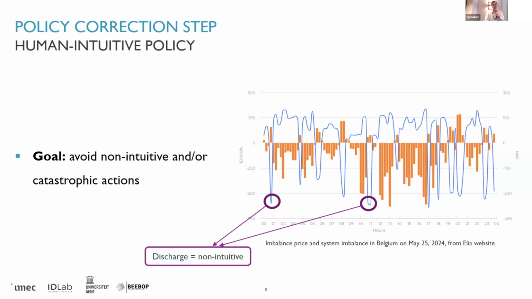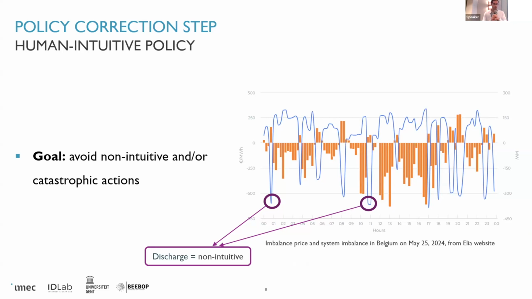The main reason is that they are data-driven methods, and there is a black box neural network that we don't know what's exactly happening inside it, and we are not sure exactly why this action is taken, basically. So the goal is to avoid non-intuitive or catastrophic actions.